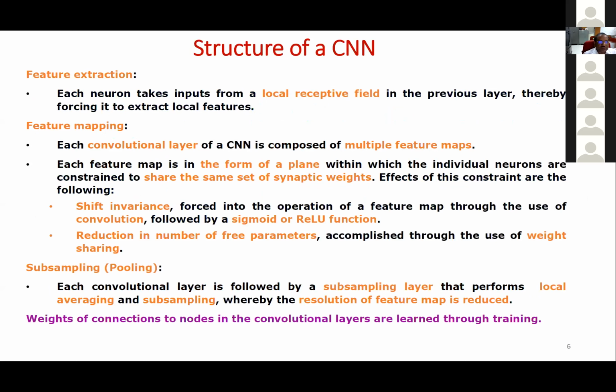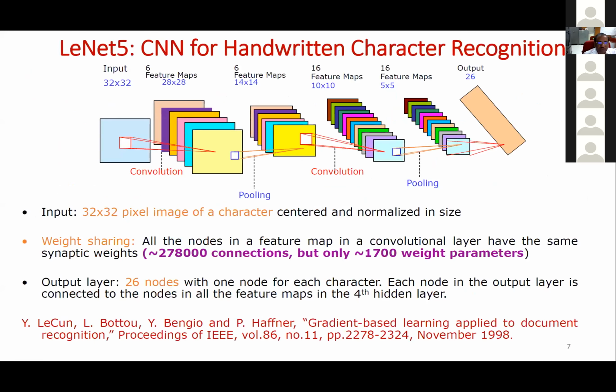Typically, there is what is called a feature map in a convolutional neural network, and a convolutional layer consists of several such feature maps. Each feature map is a set of neurons where a neuron is connected to a part of the input image, which is called the receptive field.